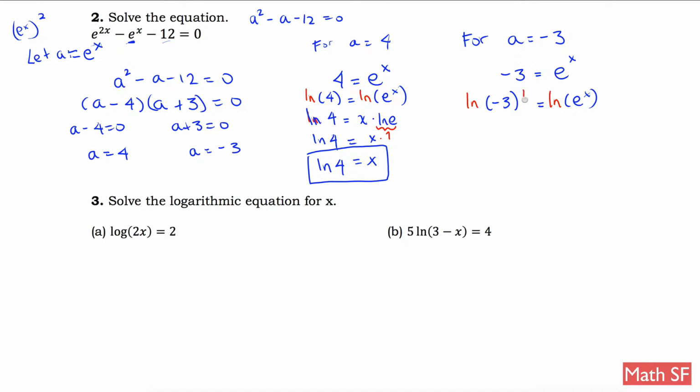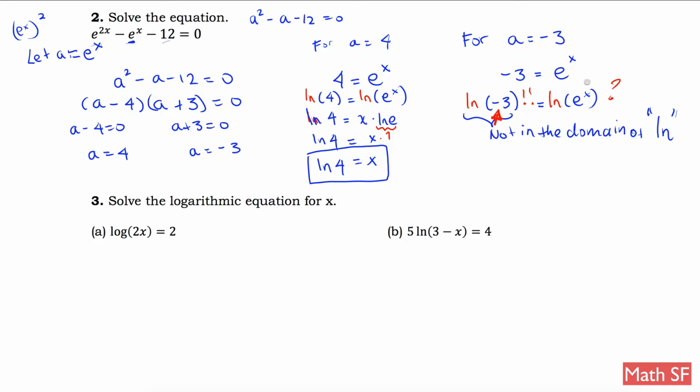Seems to be a conflict here. Look what's going on. I'm having ln of negative 3. Wait a minute, ln of negative 3. Remember that this one here, the negative 3, is not in the domain of ln. Remember that ln only takes numbers that are positive.